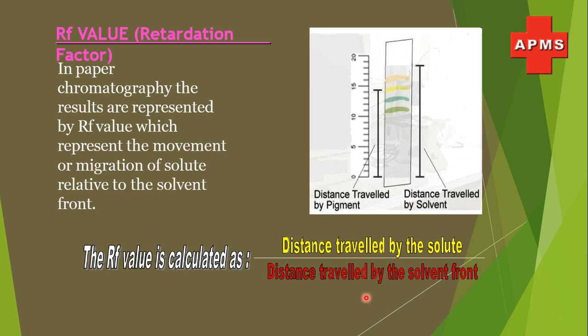If a sample component does not dissolve in our mobile phase and remains on the initial line, then we will get an RF value of 0. So this is the distance traveled by solute upon the distance traveled by the solvent front. We can see that the RF value for this green component is lower than the RF value for this blue component.